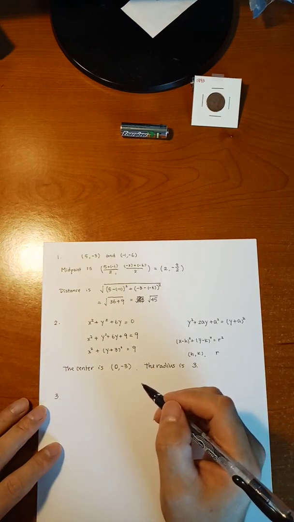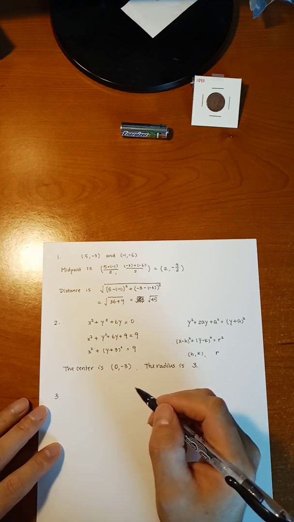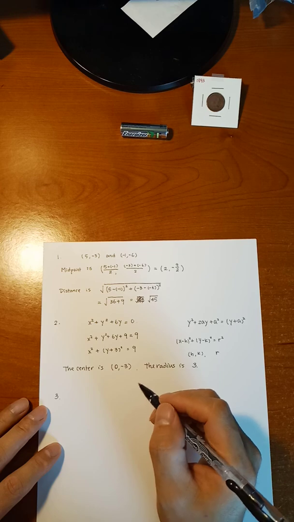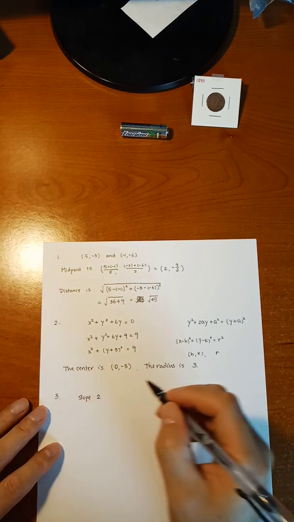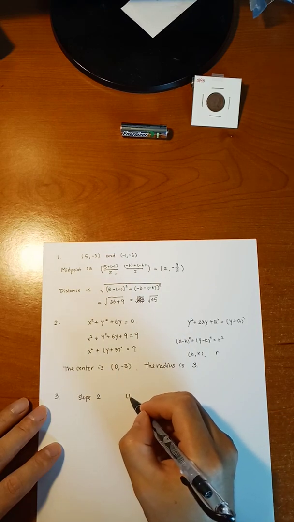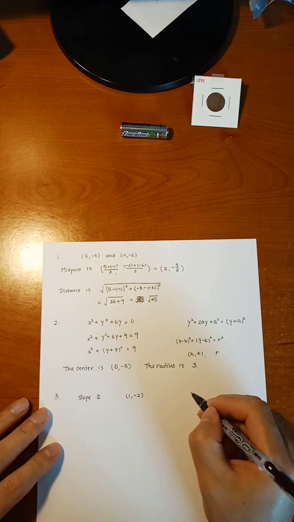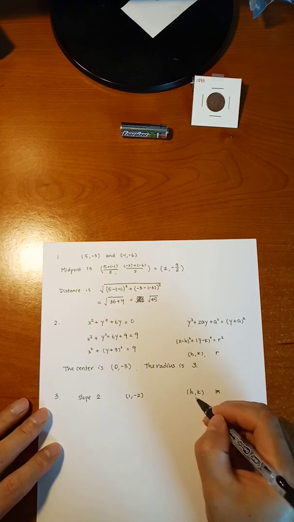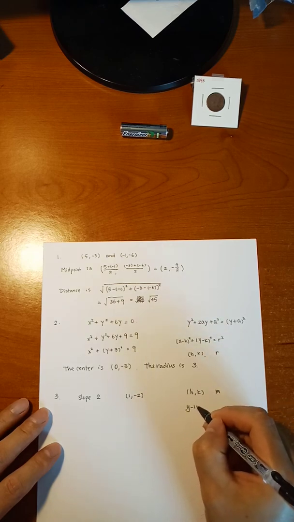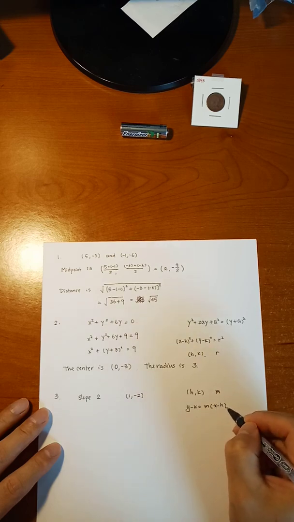Write an equation of the line with the slope 2 that passes through the point 1, -2. So the slope is 2, and the point is 1, -2. If you have a point h, k, and a slope, not k, m, then the equation becomes y minus k is equal to m times x minus h.